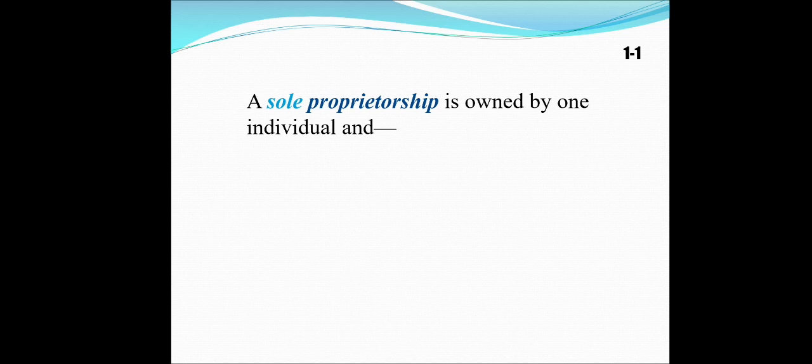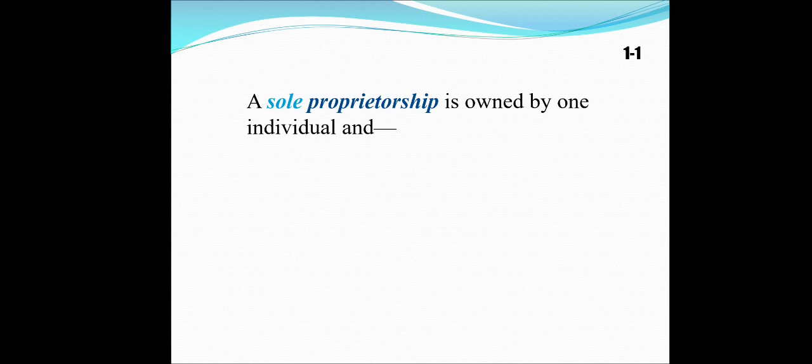There are many examples out there. I think most grocery shops are owned by one person, so these businesses are sole proprietorships. Sometimes a restaurant is owned by one person, so it is a sole proprietorship.